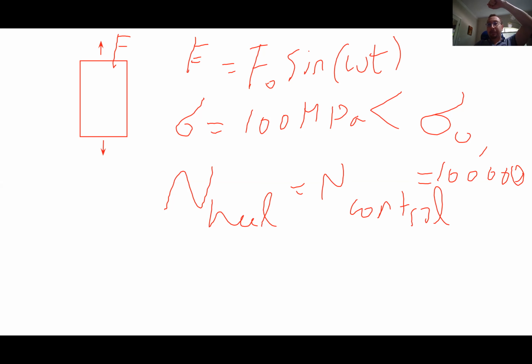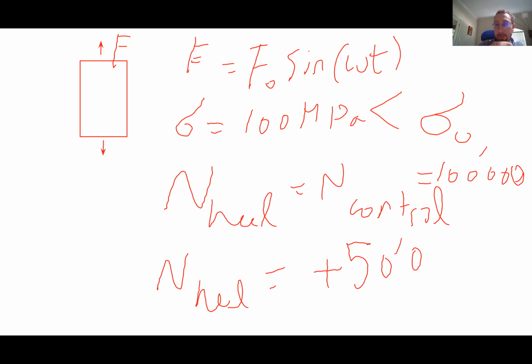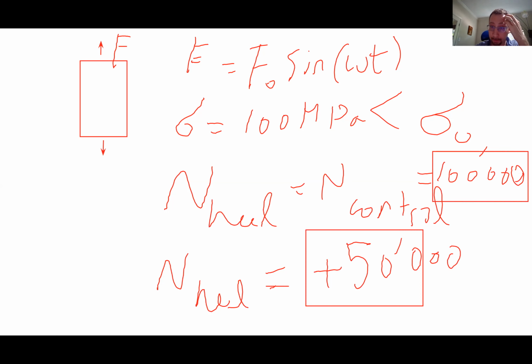Now, if right before it fails, I heal it, let's say it now goes for an additional 50,000. So basically the N healed is this guy, the 100,000, the control material went, plus this guy.